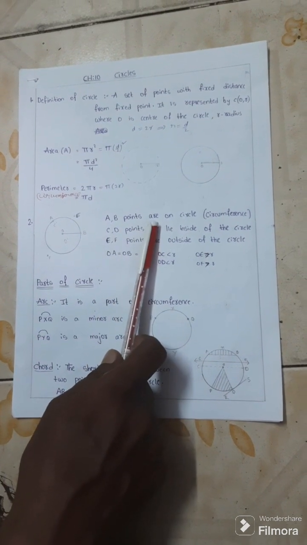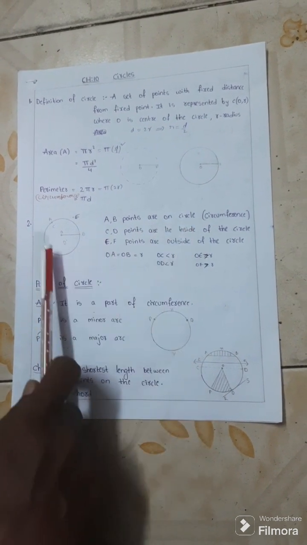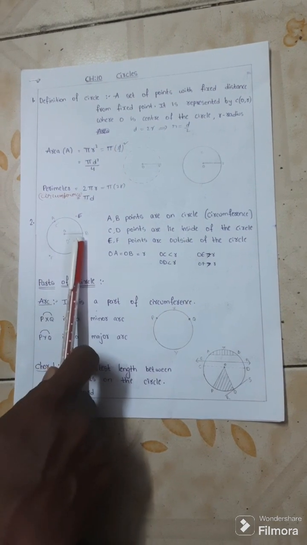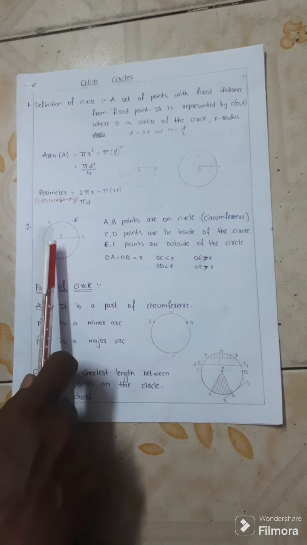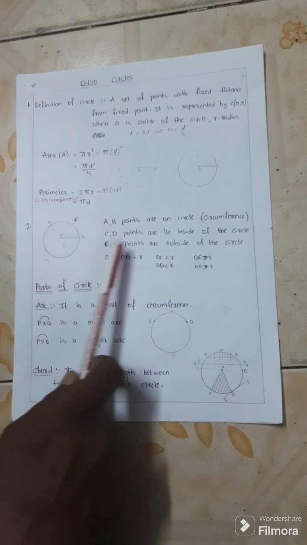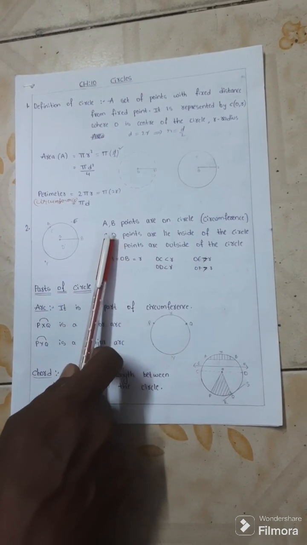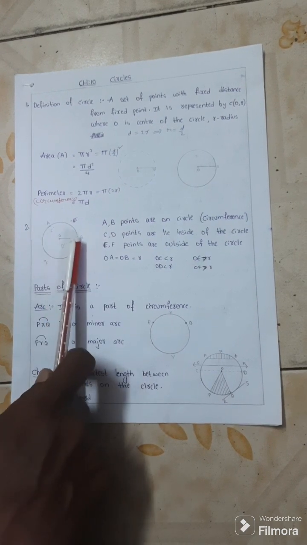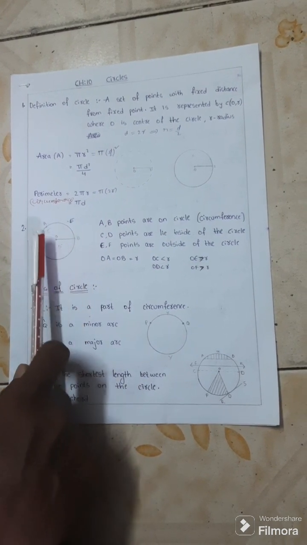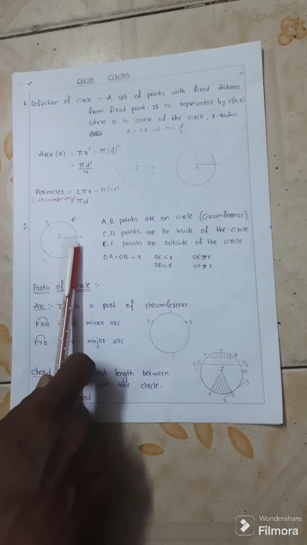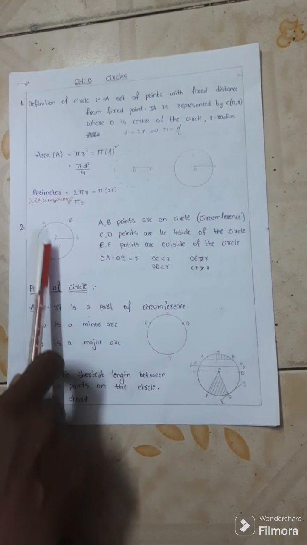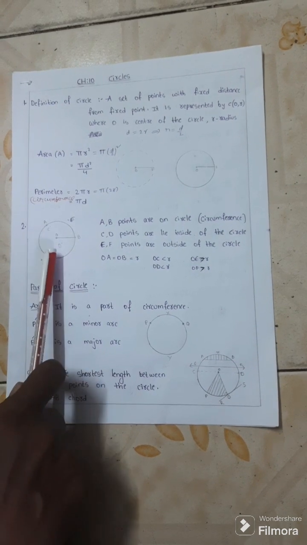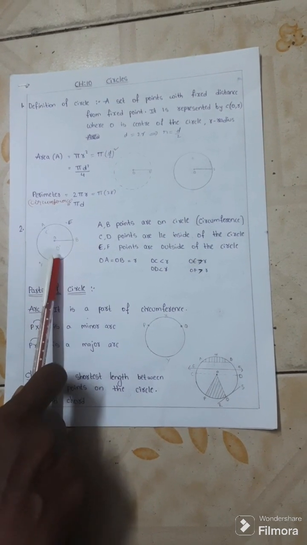A and B are points on the circle. Sometimes they ask questions about which points are inside or outside, and in the inter level also there are sums with this. A and B lie on the circumference, whereas C and D lie inside the circle.